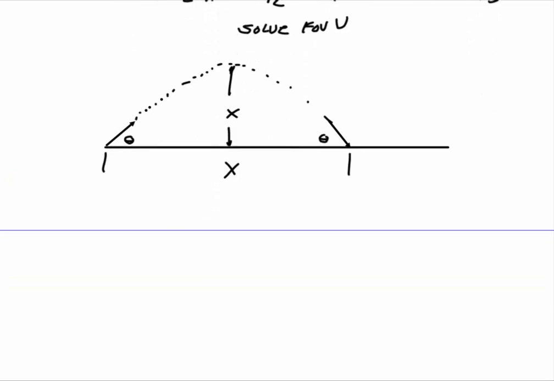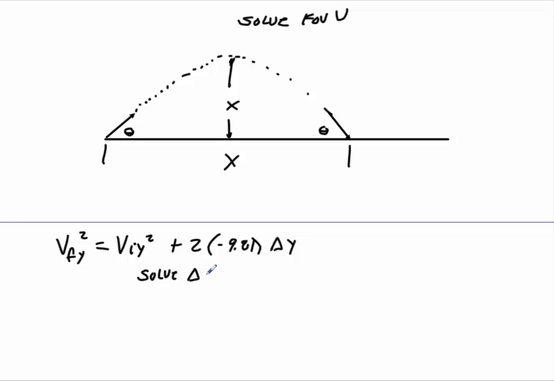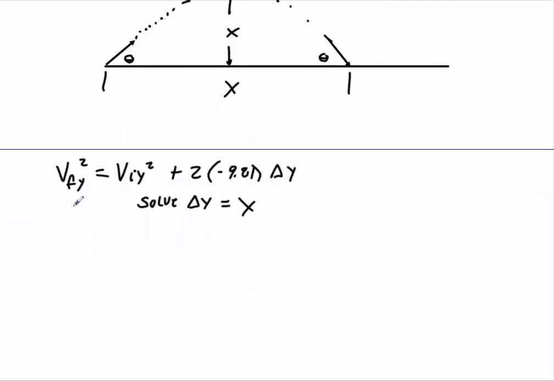Now we go back. We'll do the vertical first. When we're finding maximum height, we go back to the equation that Vfy squared is equal to Viy squared plus 2 times negative 9.81 times delta y. I want to solve for delta y, which is also going to be equal to x. Here our Vf will be 0.